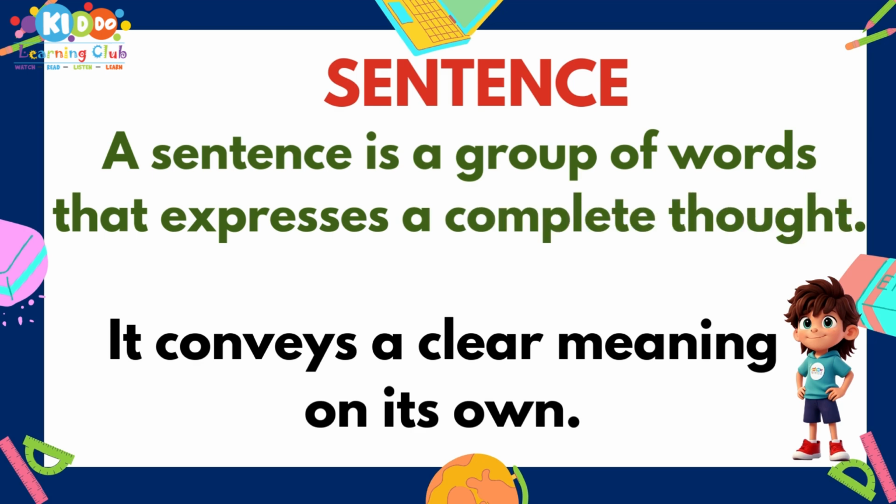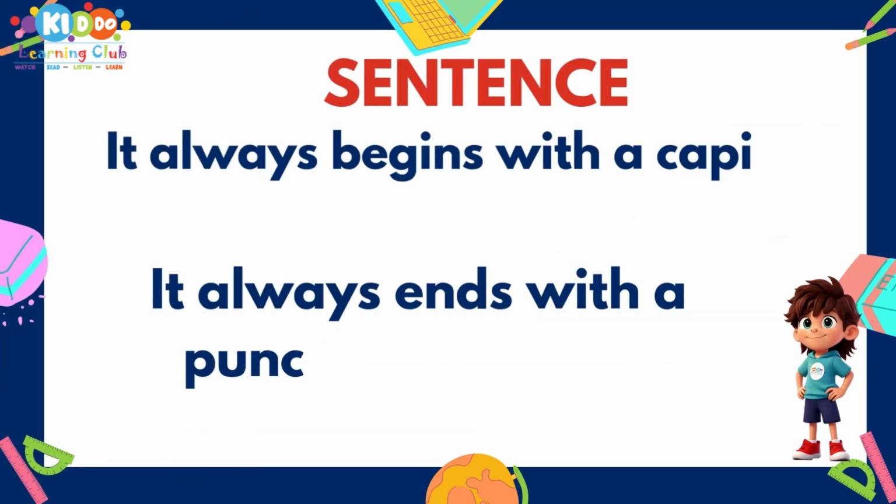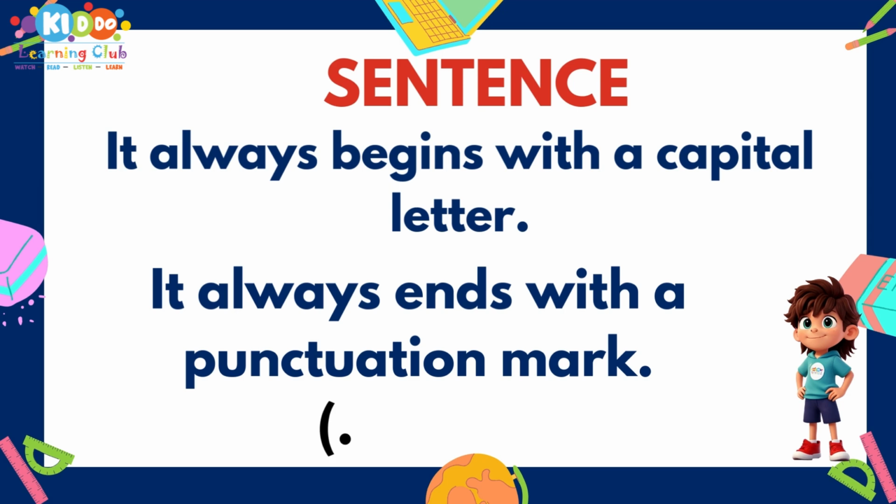It conveys a clear meaning on its own. It always begins with a capital letter. It always ends with a punctuation mark. It could be a full stop, question mark, or an exclamation mark.